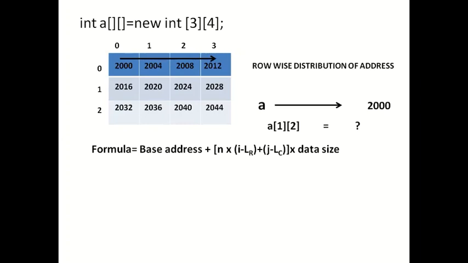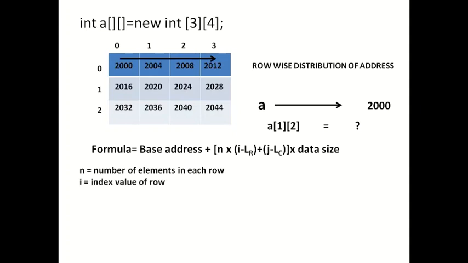Now what do these variables refer to? The value n refers to the number of elements in each row. Like in this case, we have 4 elements in each row because we are moving row wise. The addresses are allocated row wise, so we have to see how many elements you have in each row.